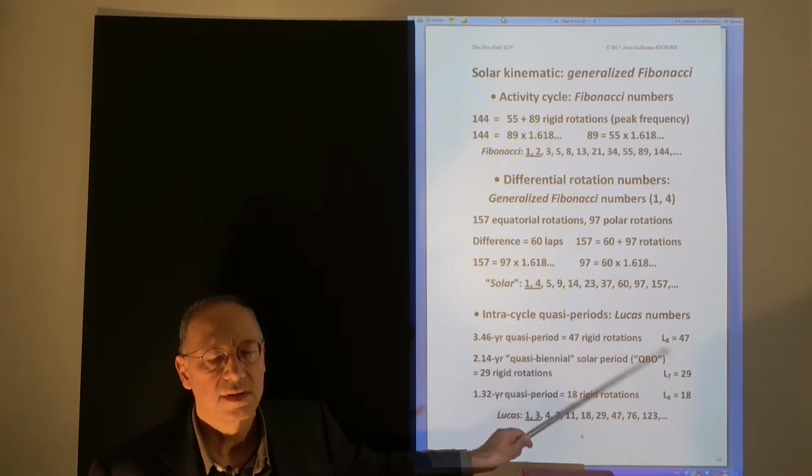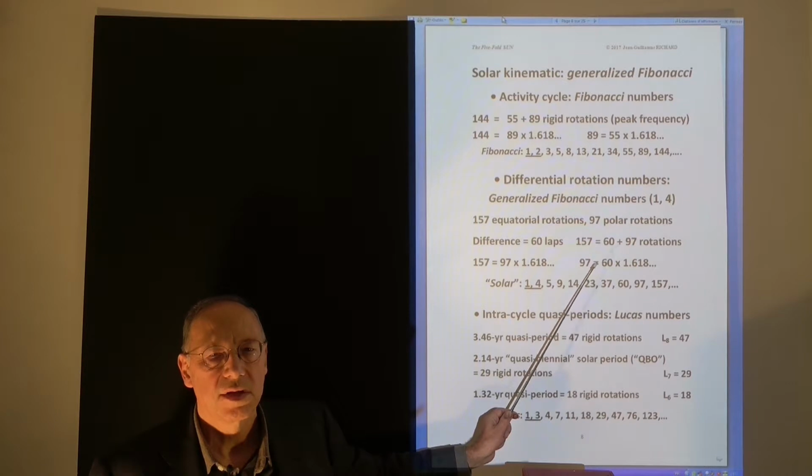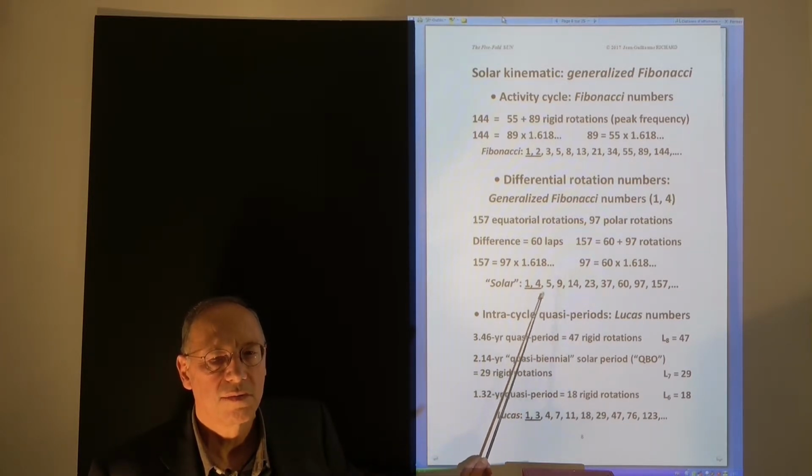Their difference is 60, i.e. 60 laps of the equator versus the pole. And these are generalized Fibonacci numbers from a sequence 1, 4, 5, 9, etc. that we can call here the solar sequence.